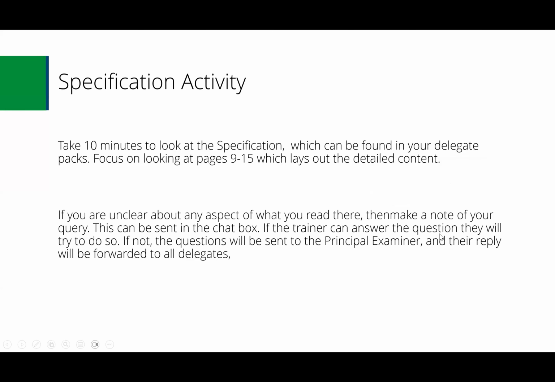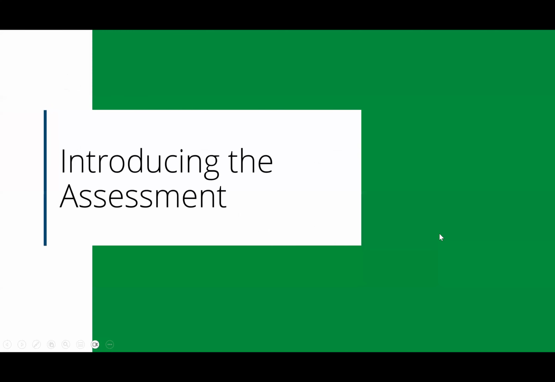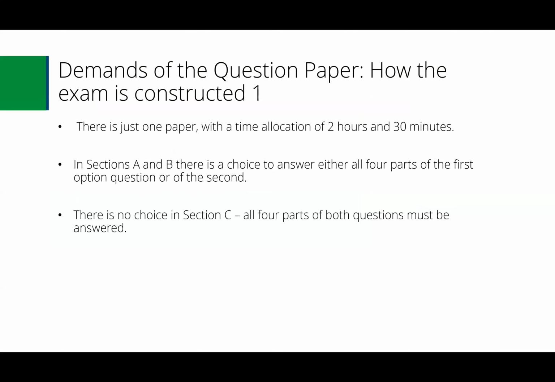Okay, so we'll move on to the next section, which is introducing the assessment. So again, there'll be more on how to do the mark scheme and various things related to that in module 2. So if we look at the demands of the question paper itself, there is a choice in section A and B. So for section A and B, students have to do a complete whole question.